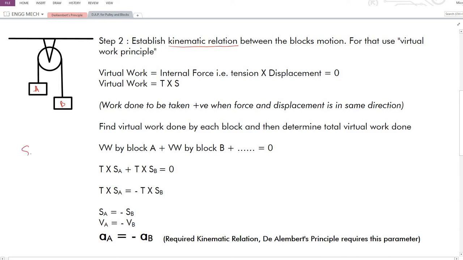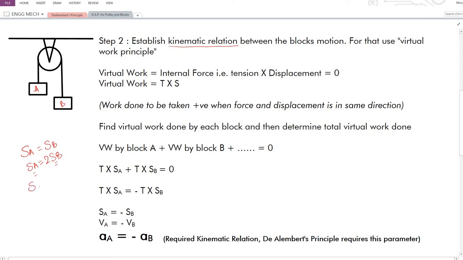That is, if the displacement of block A is S, then with respect to the displacement of block A, what is the displacement of block B? Okay, it may be exactly equal, or it may be like this, SA is equal to twice SB. Whatever displacement block A makes, it will be twice that of SB.